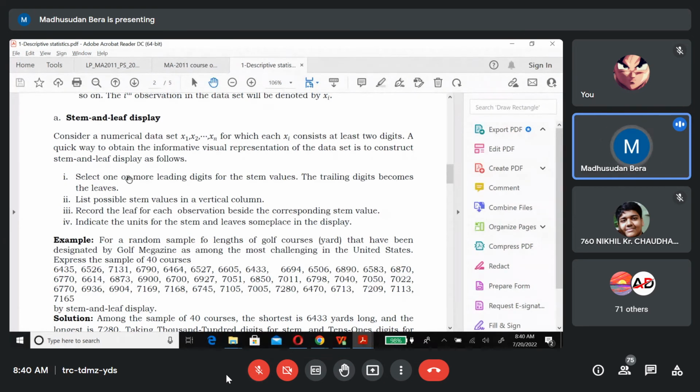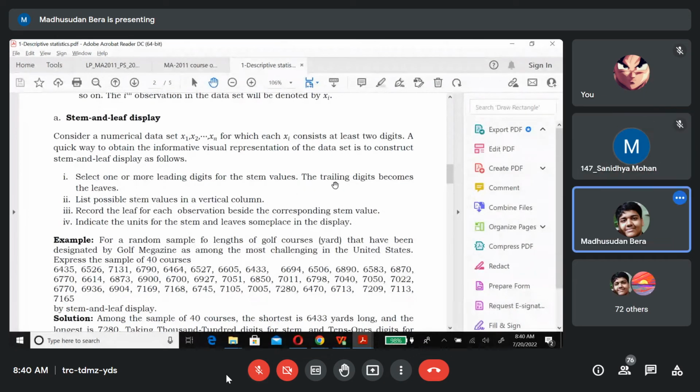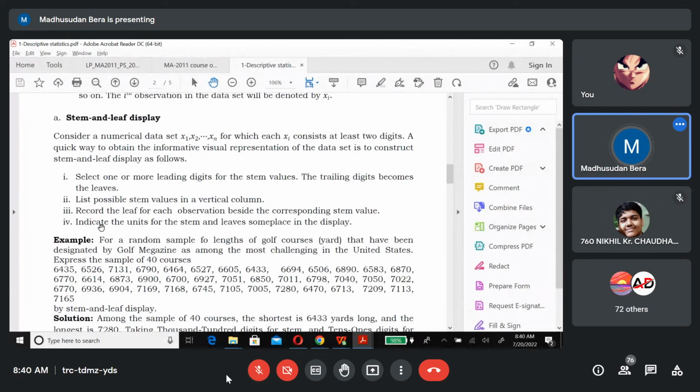We select one or more leading digits as the stem value, and the trailing digits become the leaves. If we take the third and fourth as stem, then the stem is 64 and the leaf is 35. If we take the fourth one as stem, then the stem is 6 and the leaf is 435.